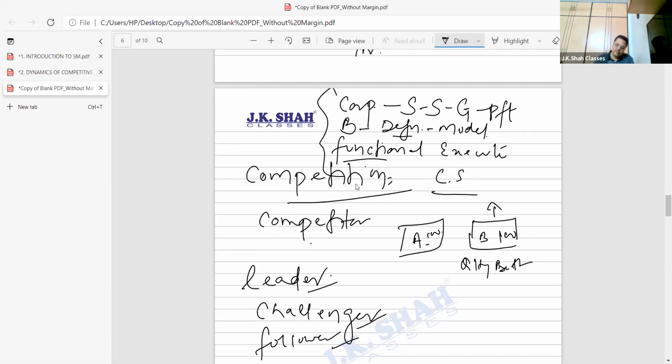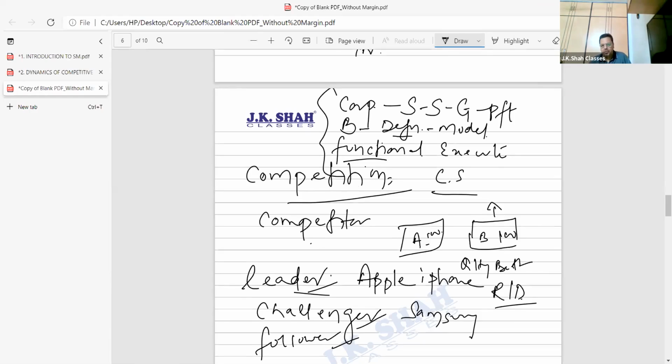I'll give you an example. So today in the mobile phone industry, the company Apple and their phone iPhone occupy the position of a leader. Kiran, right? Leader, how come leader? Bacha, the products that they introduce, the features that it gives, come on, are the ones which for the first time are given by them. And then what happens? Samsung copies that. Am I right? And if Apple charges 1,25,000 for the phone, because they spend so much money on research and development, they want the first mover advantage.